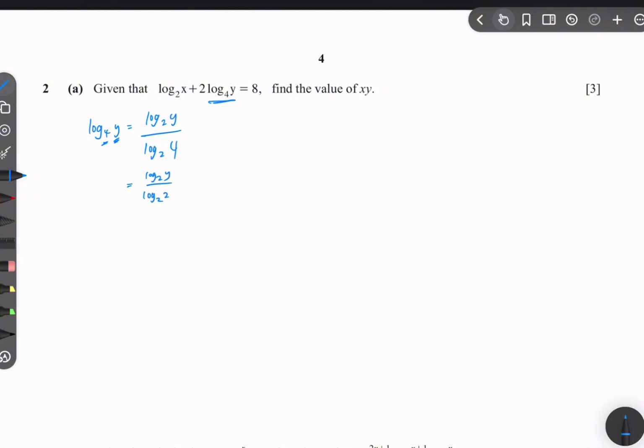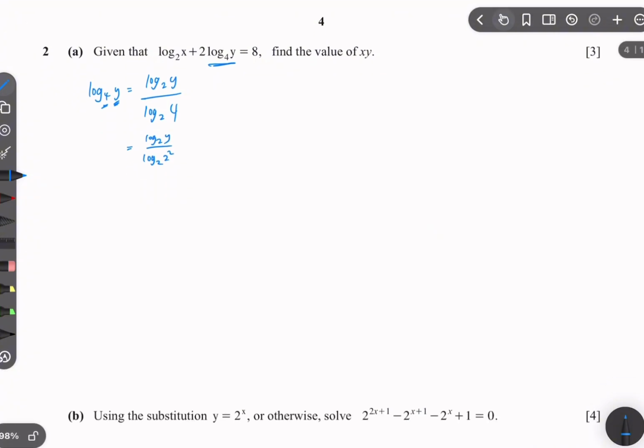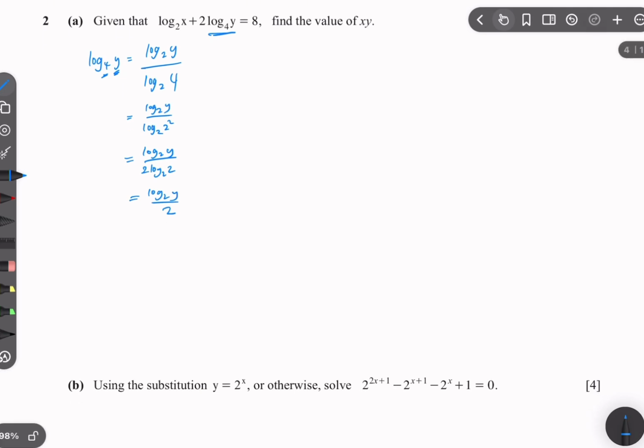And then we can just simplify. 4 is equal to 2 squared, and then we can bring the 2 forward, and this will be over 2 because log base 2 of 2 is equal to 1, so it's 2 times 1. So we can write this as half log 2y.